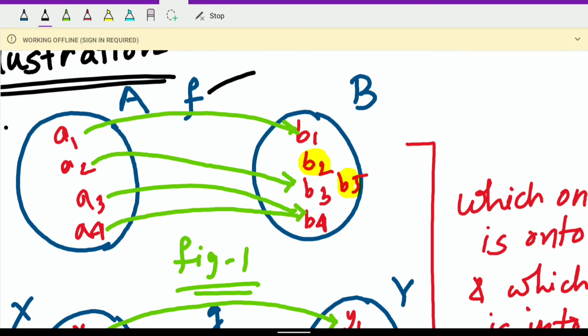So this f is an into function, right? Why?